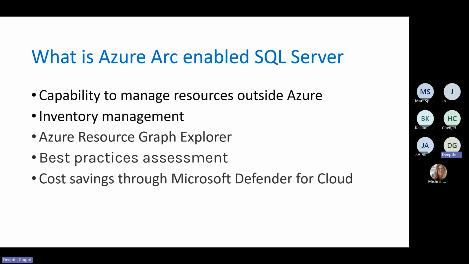By following a couple of steps, you can see all of your on-prem servers' inventory on Azure Arc in your Azure portal itself. It doesn't have to be Azure SQL Database. If you have Azure SQL Database and Azure SQL Managed Instance, you can see them on the Azure portal anyway. But this is an extension where you can manage everything in a centralized location in the Azure portal. So that is what Azure Arc enabled SQL Server is.